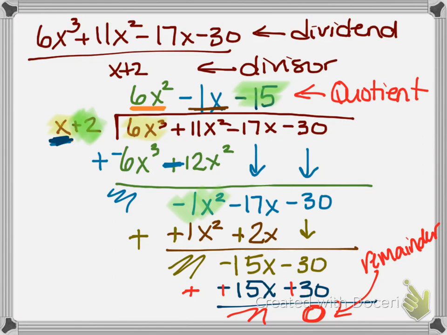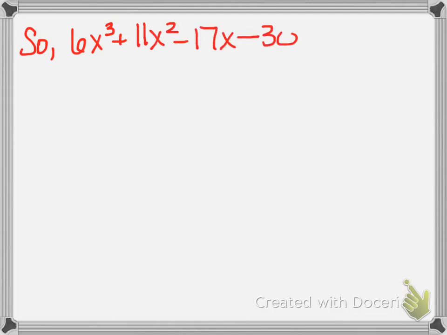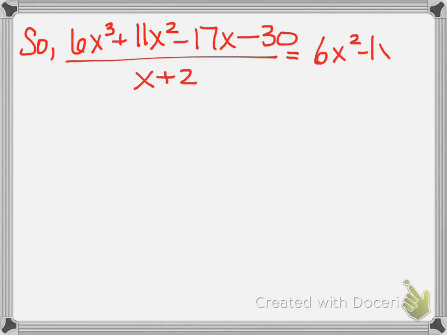Okay, so I'm going to go to the next page and actually write out the answer. So 6x to the third plus 11x squared minus 17x minus 30 divided by x plus 2 equals 6x squared minus 1x minus 15.